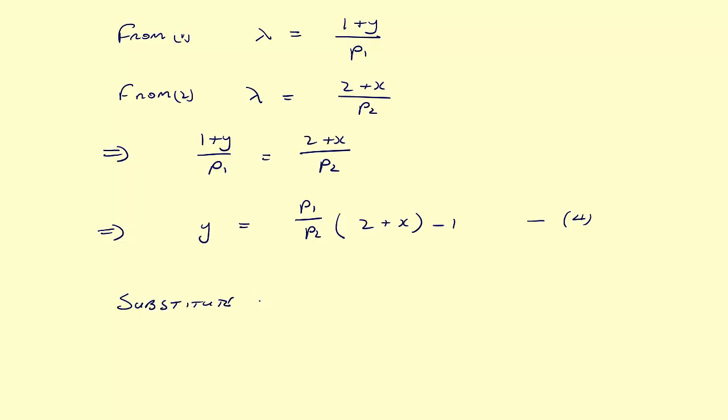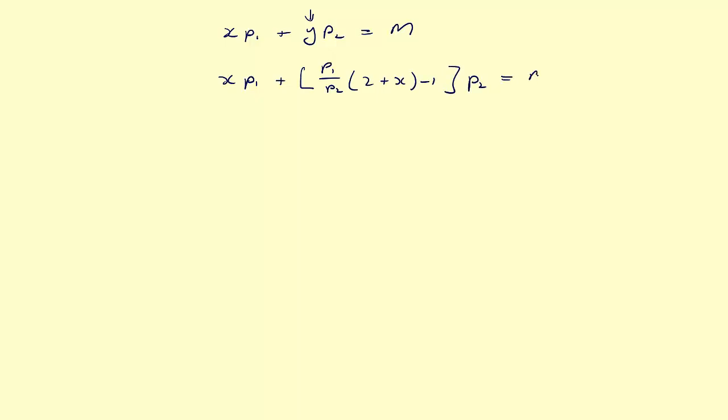So then we can substitute for y in equation 3, because we've got a value for y now. Equation 3 was x p1 plus y p2 is equal to m. Substituting in for y there, we'll have x p1 plus, well, we had p1 on p2 times 2 plus x minus 1, times p2 is equal to m.